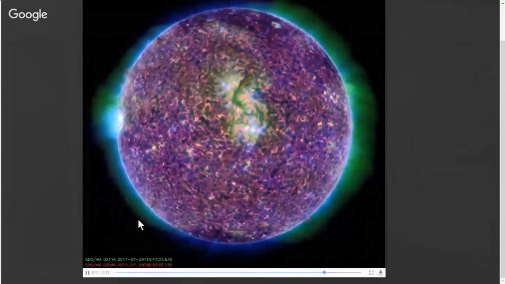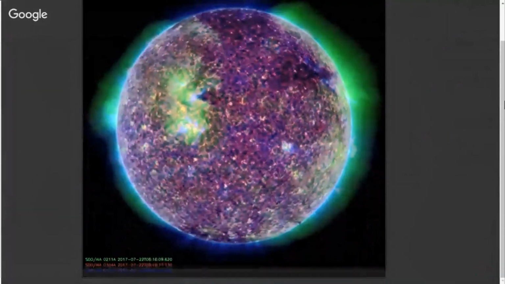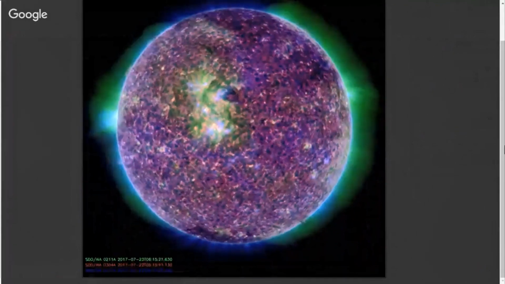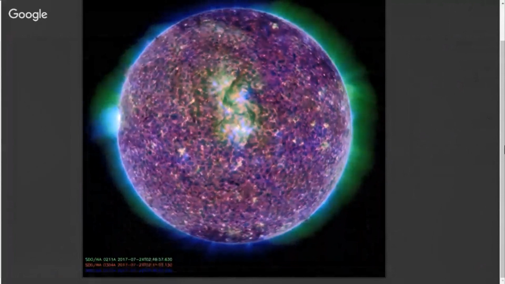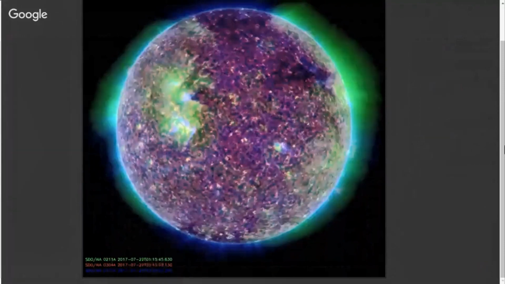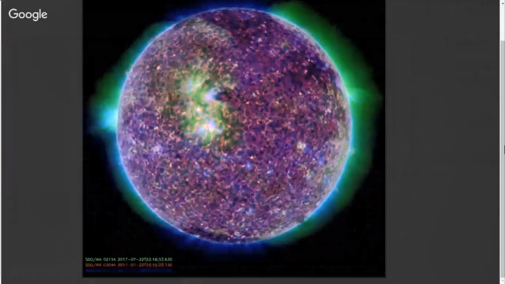Doctor, are you able to explain that to everybody? What the SDO sees? It's three different ultraviolet wavelengths. The purple is the 211. I believe the blue is the 350. And then there is one other one. I cannot quite see which one it is.